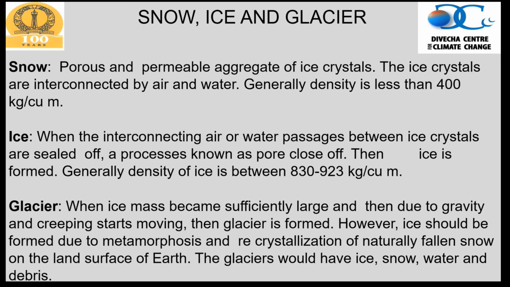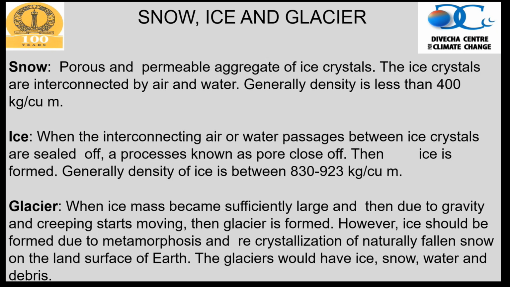When most of the air is removed because of compaction, that is called a sealing off or close off process, and then ice is formed. And once the ice is formed, its density goes up significantly, up to 830 to 923 kilogram per cubic meter.